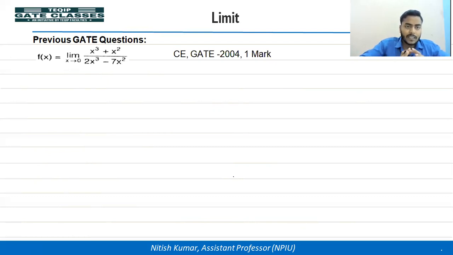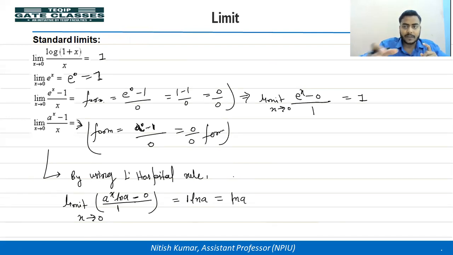When you apply the L'Hopital rule, you have to remember all the differentiation formulas, and you have to be very quick to check the form. Here I am calculating and showing, but in the GATE exam you need not check like this.